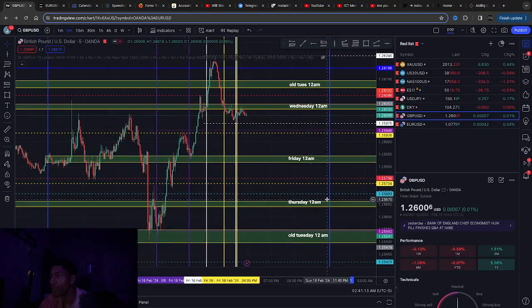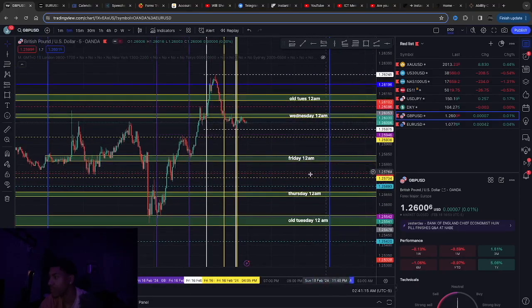Or you can trade it going into our sell side liquidity and our buy side liquidity on the top of our ranges here, because there's an imbalance that needs to be filled, which just so happens to be on our top side liquidity for this range here. And then we have our sell side liquidity, which is for our range here, gold to gold.